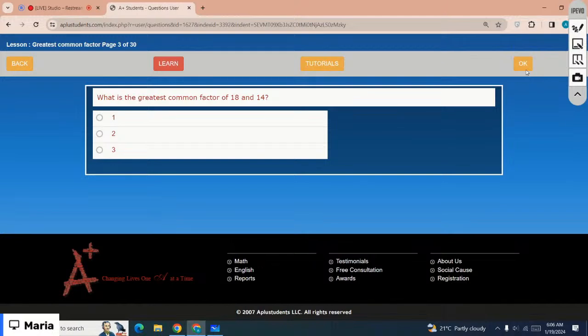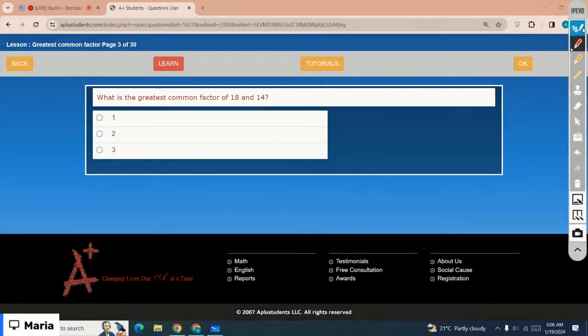Okay, the next one is, what is the greatest common factor of 9, 18 and 14? Factors of 18. The factors of 18 are 1, 2, 9 and 18. 6 times 3 is also 18, so 6 and 3 are also factors.